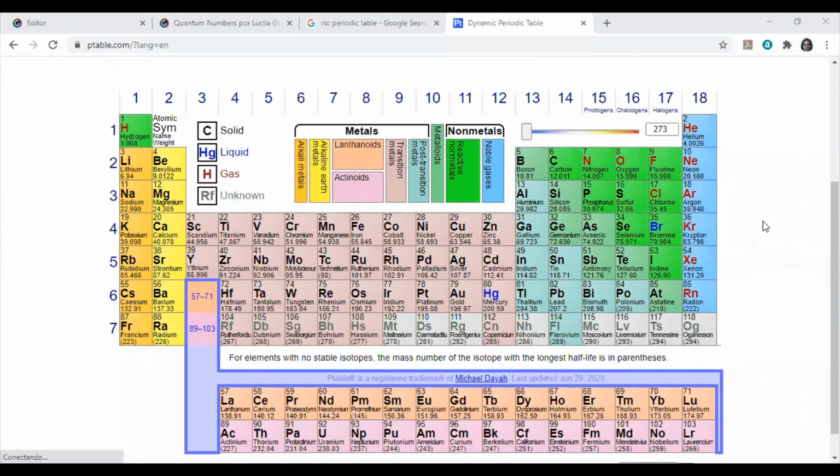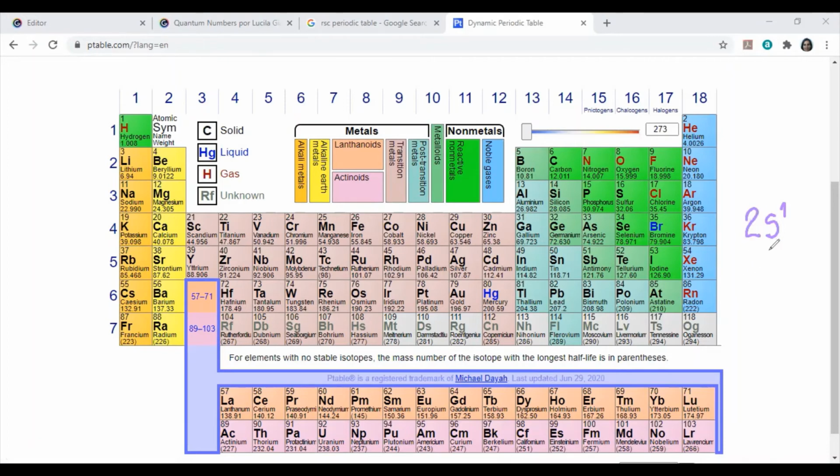So one trick here. Now imagine that I tell you that my differential electron for one given element is 2s1. How can I take that information to know what element I'm talking about?